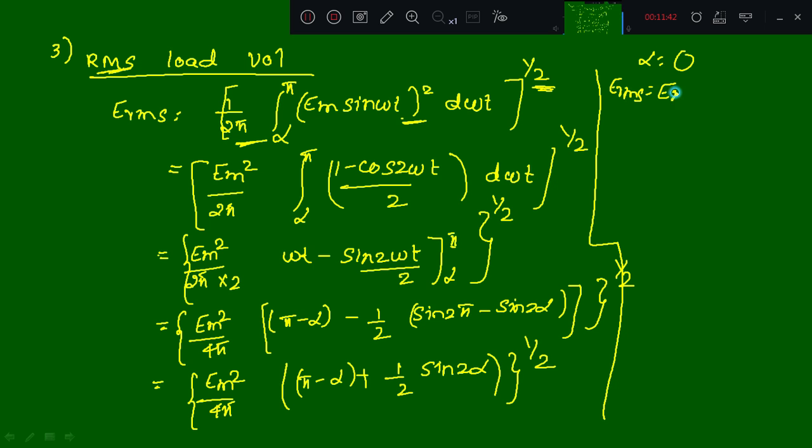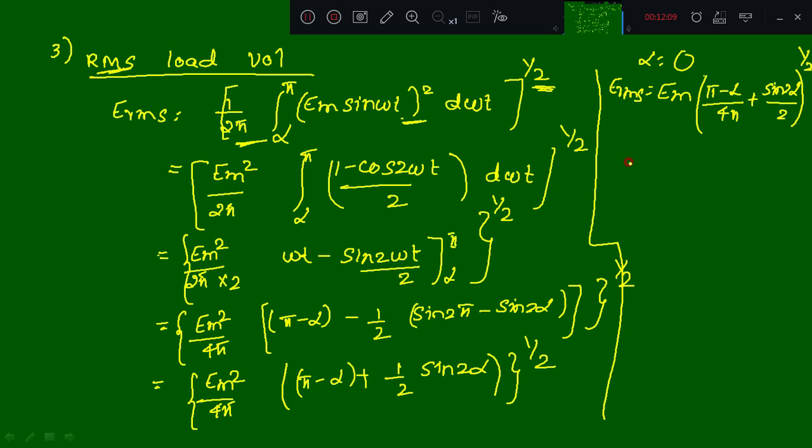I have taken Em square out of the square root, and this is pi minus alpha divided by 4 pi, plus sine 2 alpha by 2, raised to half.